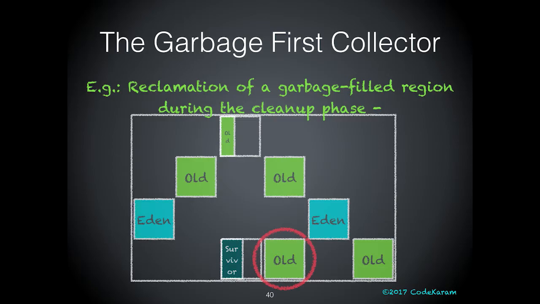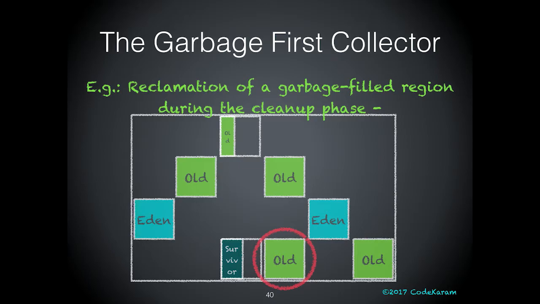Another thing, prior to JDK 8 update 40 again, the only way humongous objects could be reclaimed was during a cleanup phase. Now, during the cleanup phase, remember I was talking about the liveness of the old regions being determined.